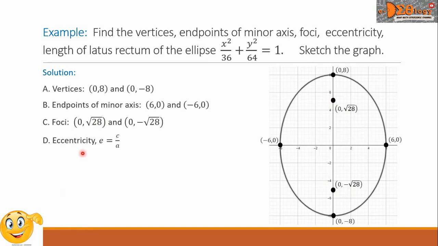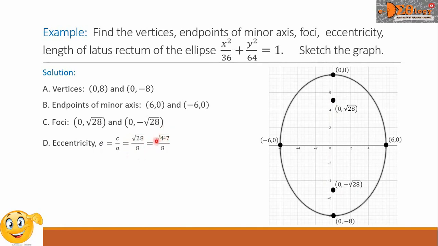Now the eccentricity is denoted by e, and this is equal to c over a. Substituting the values, the c is the square root of 28 over a, which is 8. Let us simplify further. The square root of 28 can be written as the square root of 4 times 7.